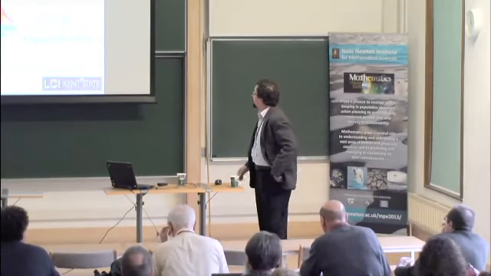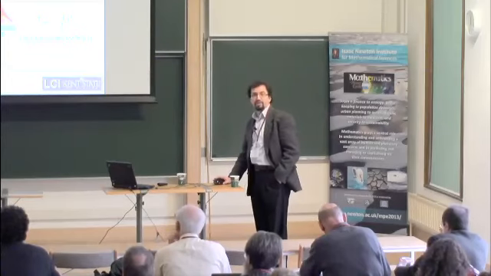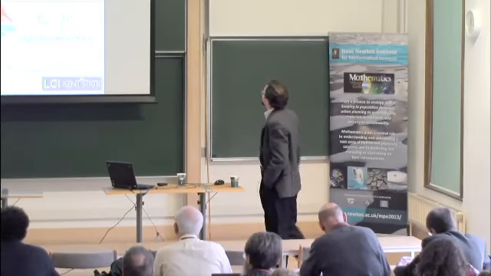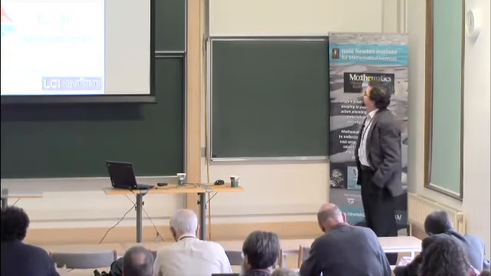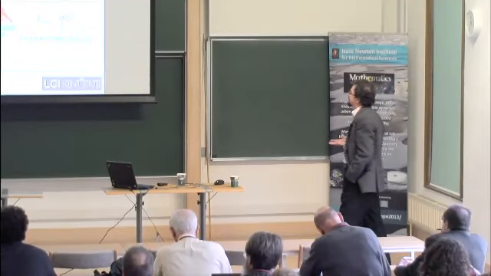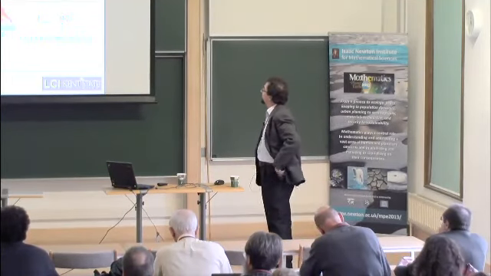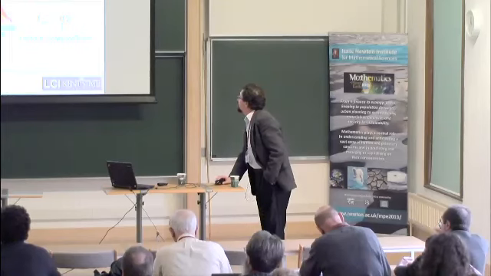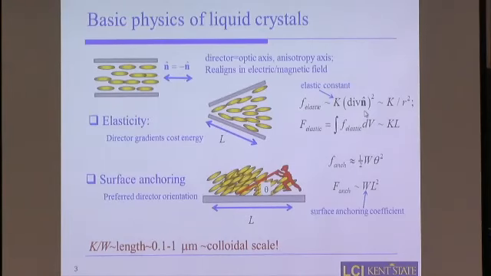And according to the Frank-Oseen-Zocher theory that Tim described, you have the coefficient K, or Frank constant, that characterizes the amplitude of this work. And then this work also depends on the degree by which you realign the director.